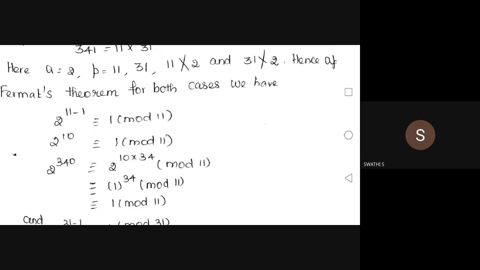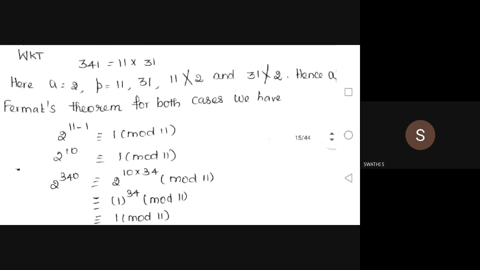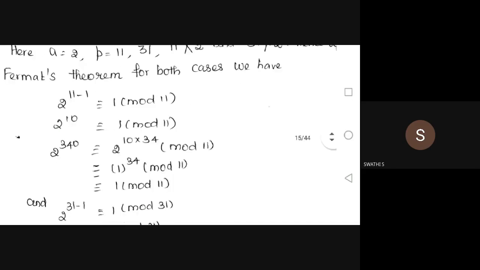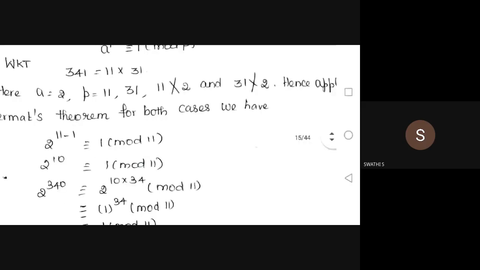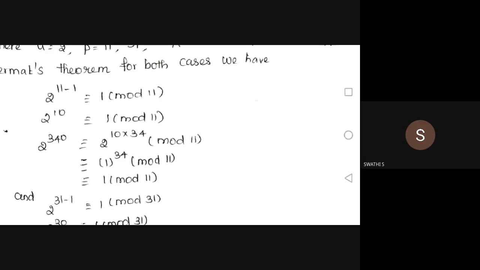Okay. Now the other prime is 31. Since 341 is the product of 11 and 31, and 31 does not divide 2, by Fermat's Little theorem 2 power 31 minus 1 is congruent to 1 mod 31.